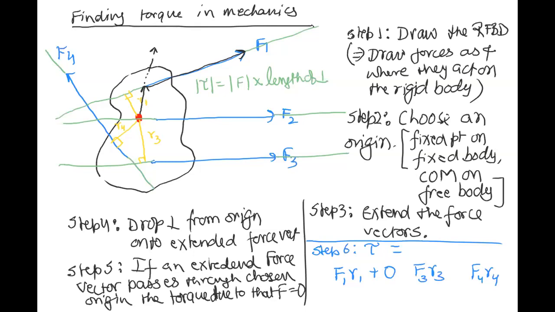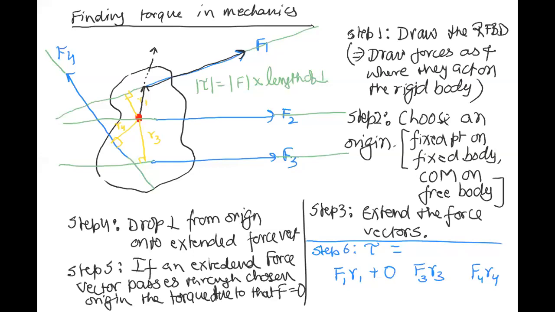Please don't confuse the vector R1 with the R1 that I have written. The R1 in yellow is a completely different object. It is the length of the perpendicular from the origin to the extended force vector. Whereas the R1 that I'm talking about right now, the black arrow, is the position vector of the point of application of the force from my chosen origin.